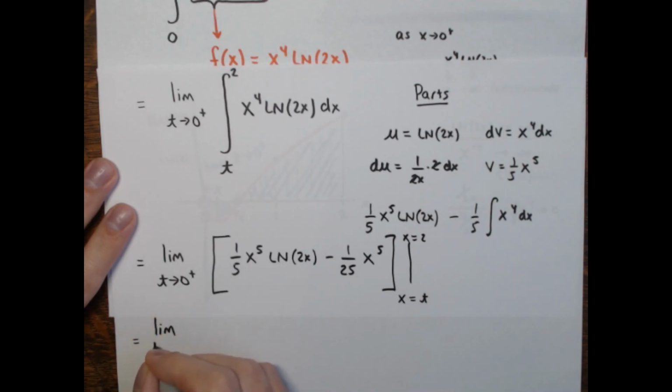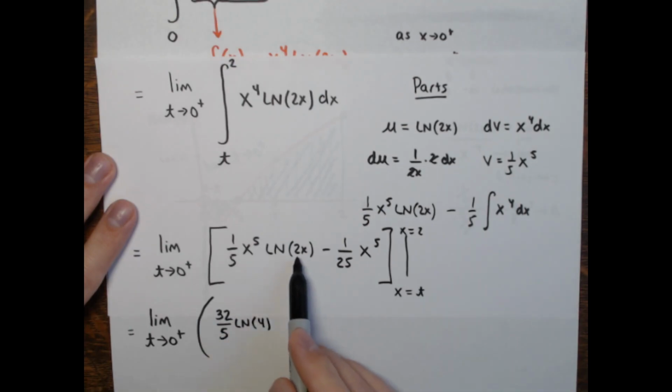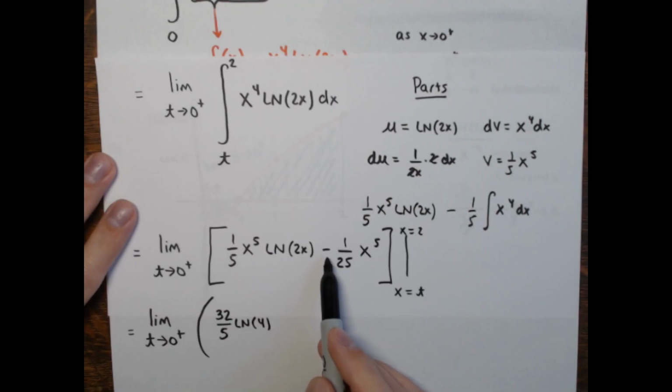So we have the limit as t approaches 0 from the right of the following. Now, when I plug in 2, 2 to the fifth is 32. So we got 32 fifths times the natural log of 4, 2 times 2, minus 32 25ths.